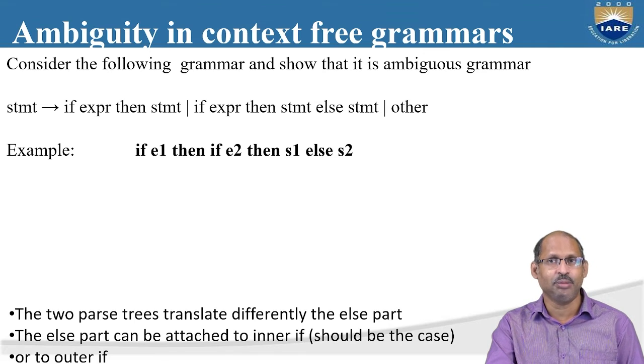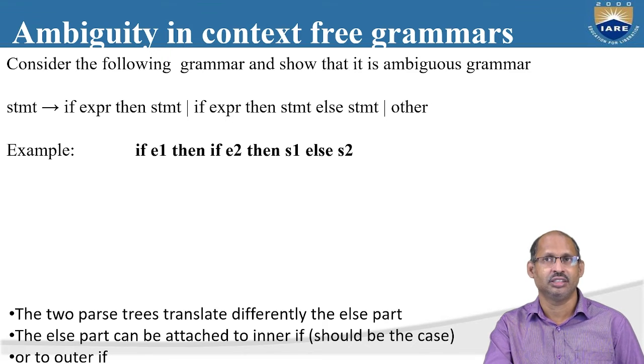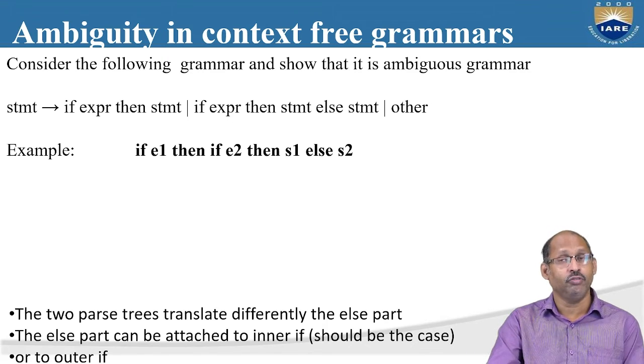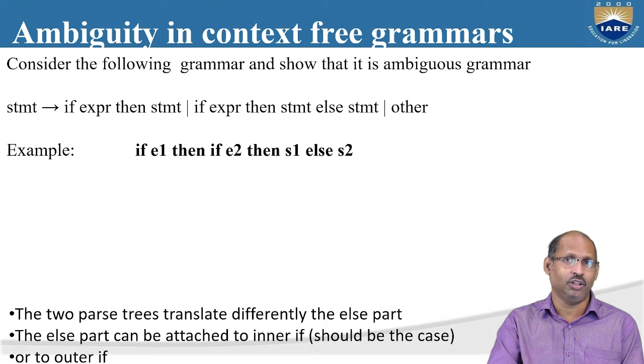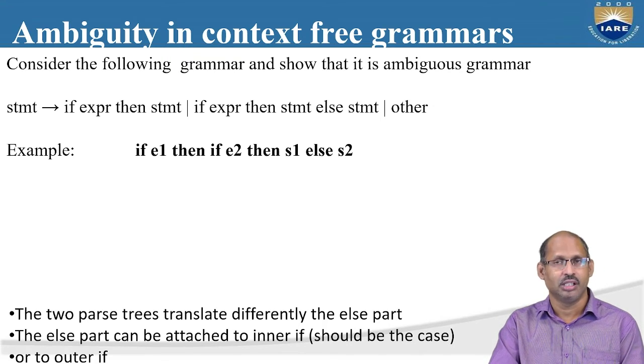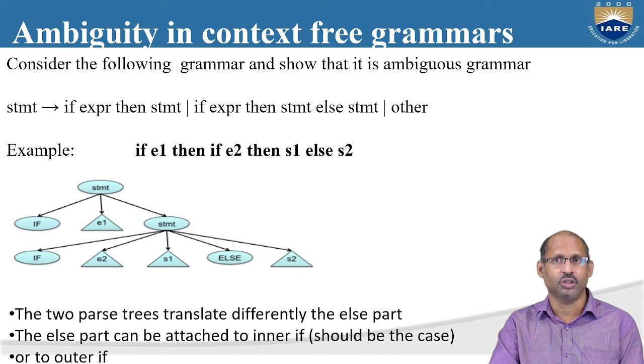Now, the example given is: if expression 1 then if expression 2 then S1 else S2. Now, we want to match the non-terminals. We have to derive a parse tree for this.